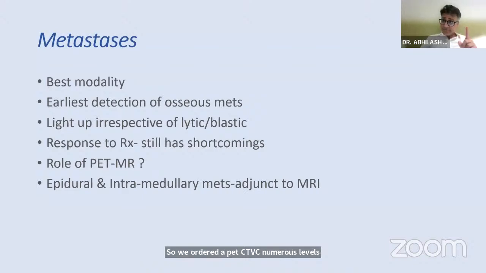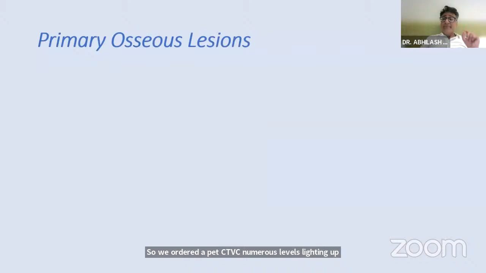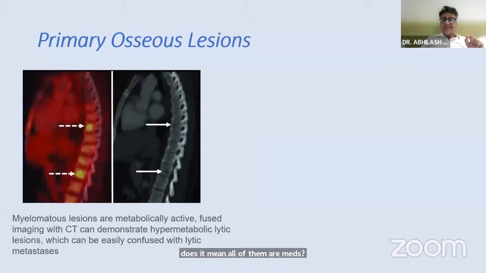Does it mean all of them are mets? No. In primary osseous lesions, like let's say multiple myeloma, you will still have lesions which are metabolically lighting up. So what does it tell you? A PET CT is not the be all and end all. It is always to be used in conjunction with the existing modalities that we have.